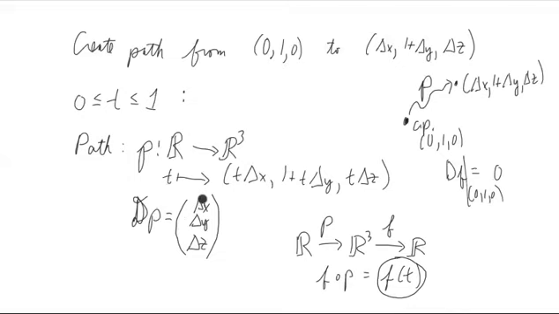The derivative of the path. This is the path that we chose, and we're thinking of change of x, change of y, change of z, at least for the time being, as constants. Just fix them for now. So we're going from here to a particular point, and letting t be the variable. Concerning the derivative dp, we're just taking a derivative of each of these with respect to the single variable going into it, which is t.